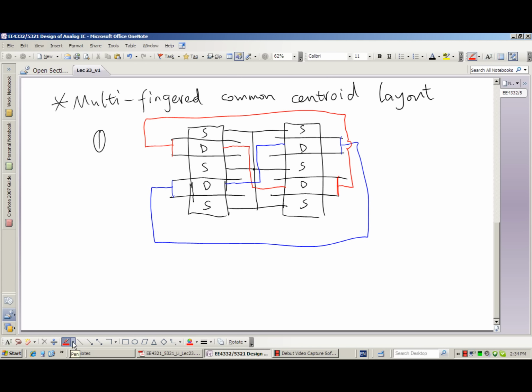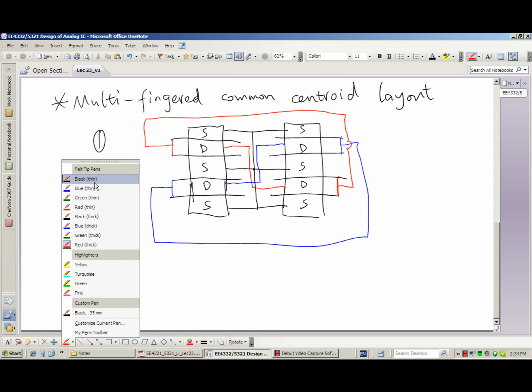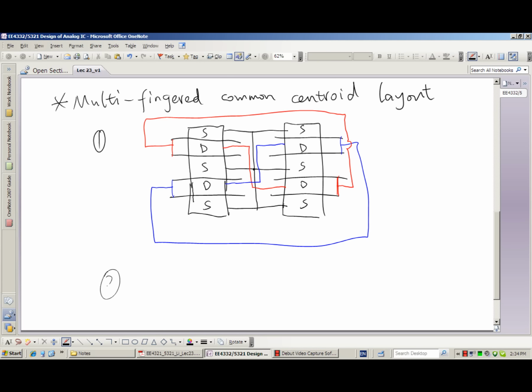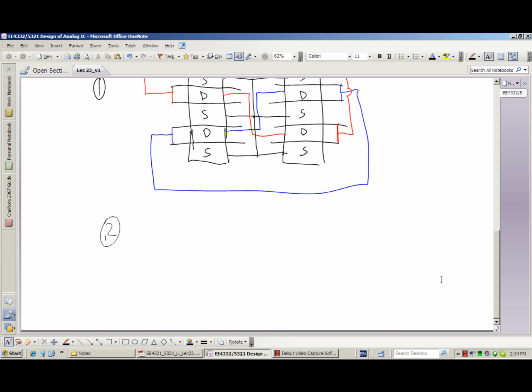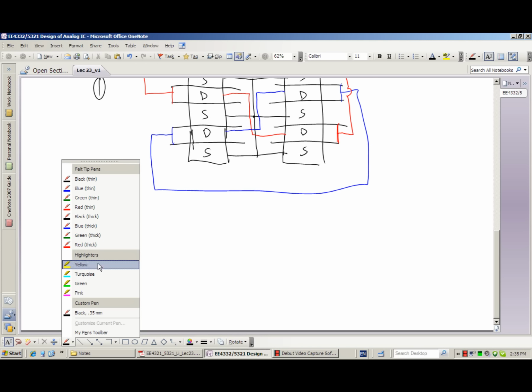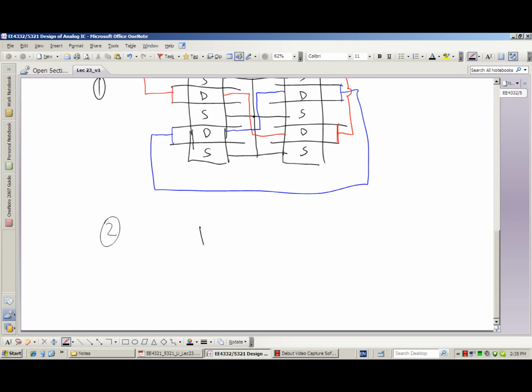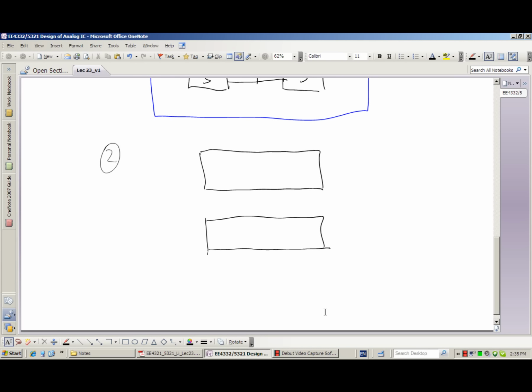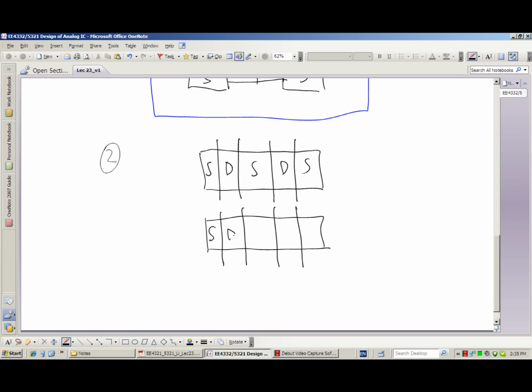And the second option we can have is to rotate everything by 90 degrees. So second option, we can have two active regions like this. And I have 4 fingers. And source, drain, source, drain, source, and so on.